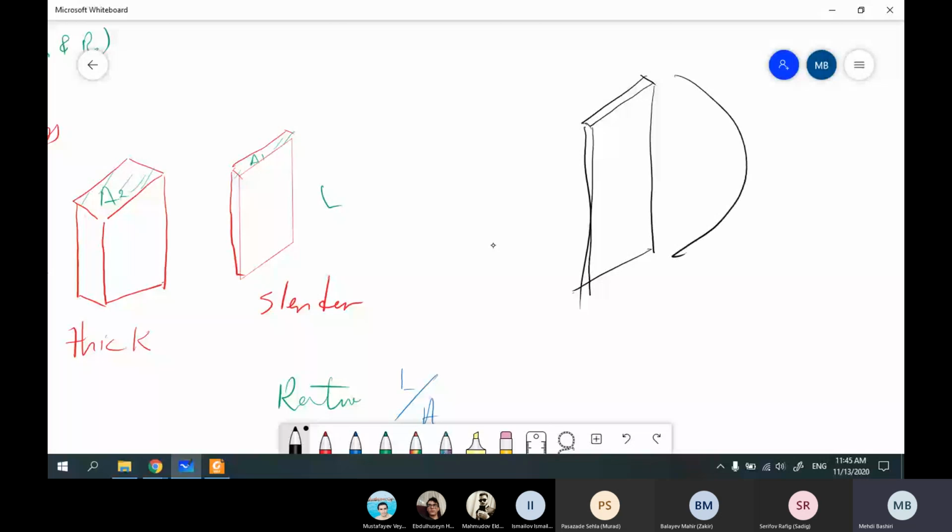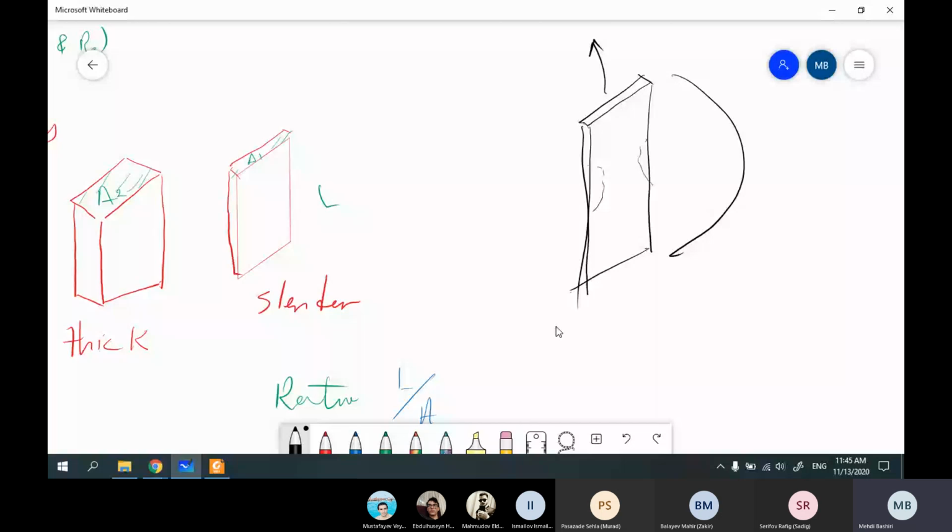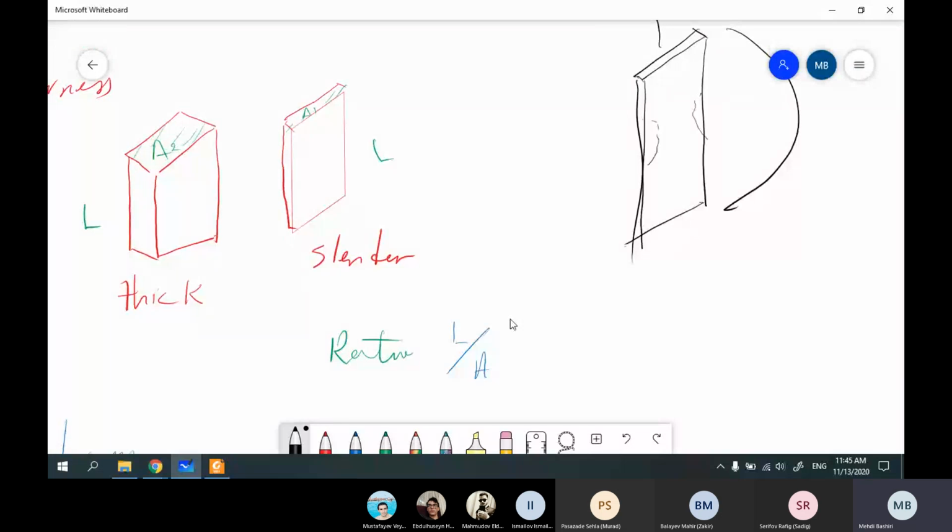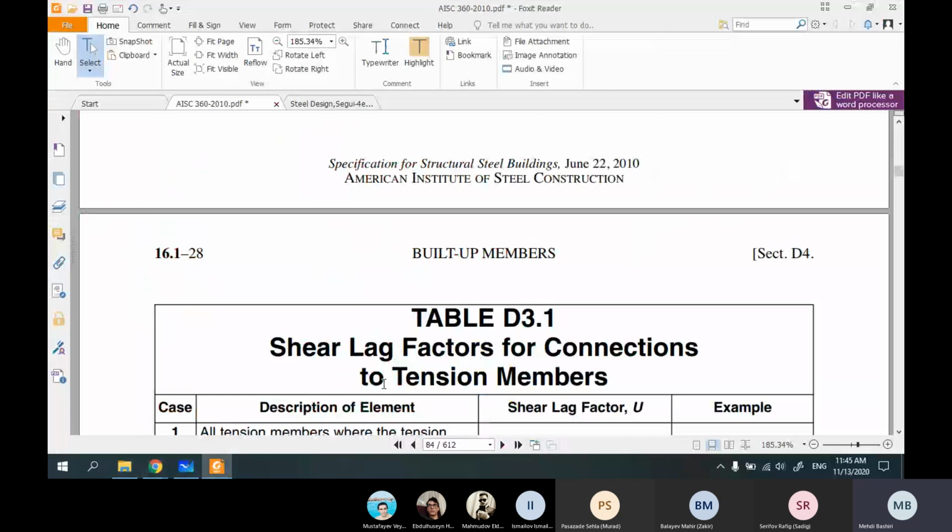You have, for example, failures in here. So under tension, there should be a limit for slenderness. For tension members, the slenderness ratio is limited to 300.